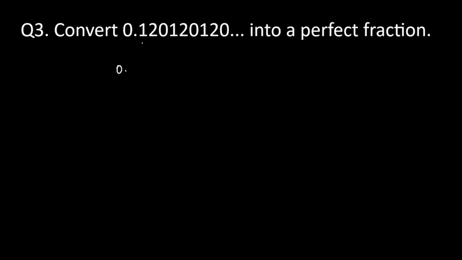So here we have our next question. Convert 0.120120 into a perfect fraction. Here you can see the 3-digit 120 is repeating, so we can put a bar over 120. Let's assign it a variable x. Since you can see that digits 1, 2, 0 are repeating right after the decimal point, we can label this equation 1.